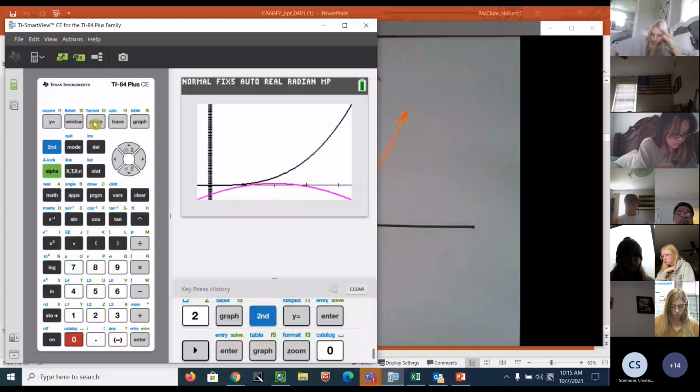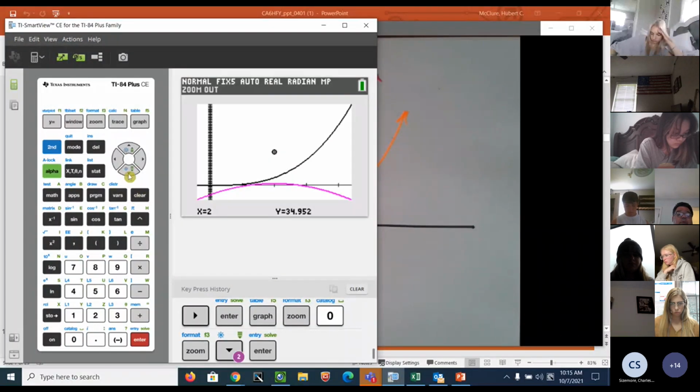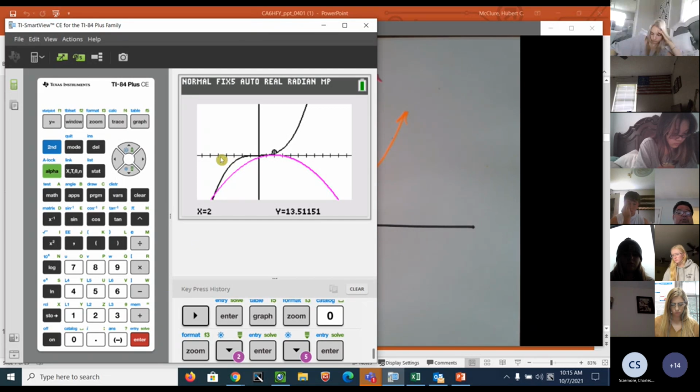I'm going to zoom out. And that's not right. It's not supposed to be like that. The black one is correct. Something is wrong with the other one.